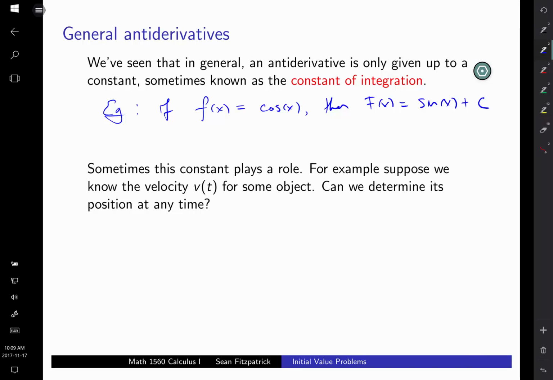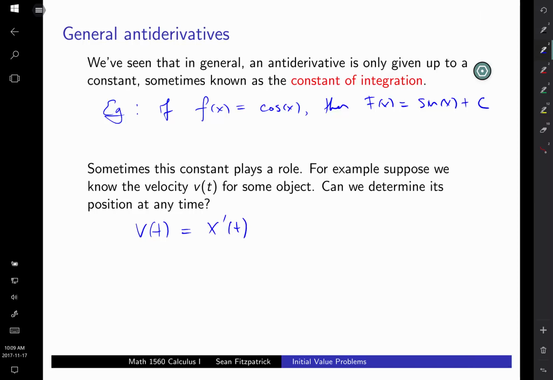But there are times when this constant matters, right? Think about something like velocity. If you know velocity is a function of time, can you determine the position? Well, not exactly, right? Because v of t is the derivative of my position. Let's say x of t is my position as a function of time. v of t is x prime, right?